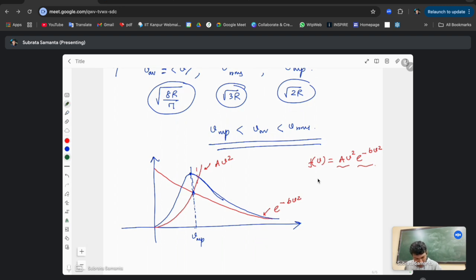I can use another color. So this is your v average, and something here, this point, is v RMS. So the order is basically in this order. All of them come after v MP.